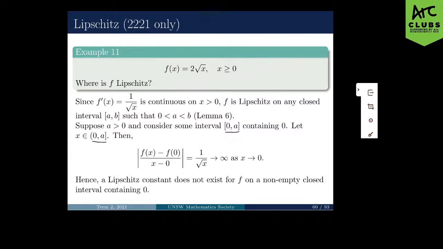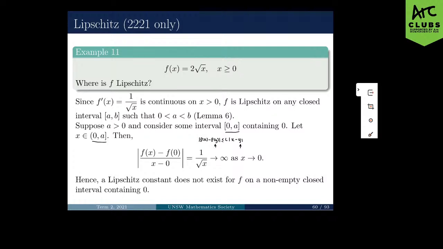And so we don't have a finite constant satisfying the property that the absolute value of f of x minus f of y is less than or equal to L times x minus y, where we fix y at 0 and x is some moving point.